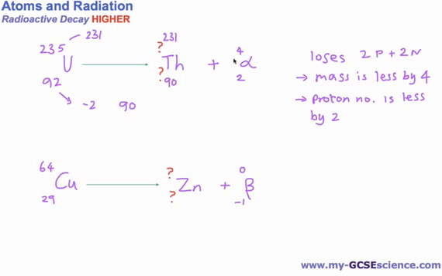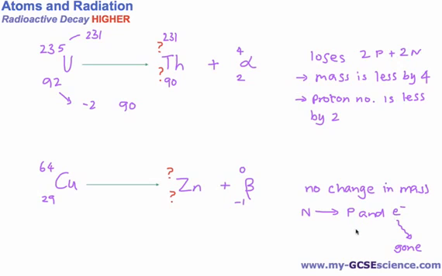Now for the copper, we have an atomic mass of 64 and a proton number of 29. What happens there? Well, remember, there's no change in the mass, but a neutron becomes a proton and an electron. So that means we have one extra proton. That results in an extra proton and an electron, and the electron is gone. Remember, that's given off as a beta particle.